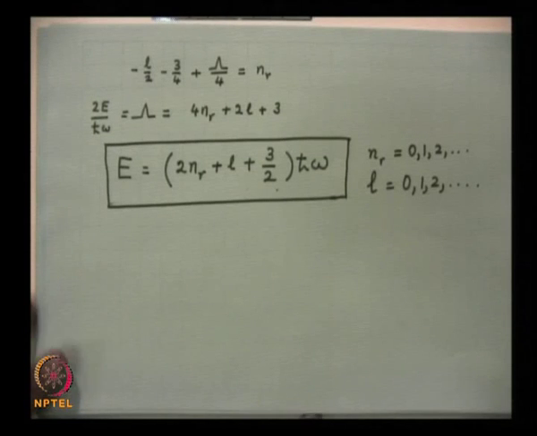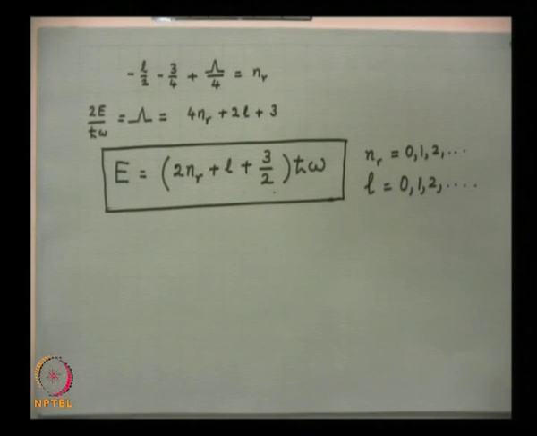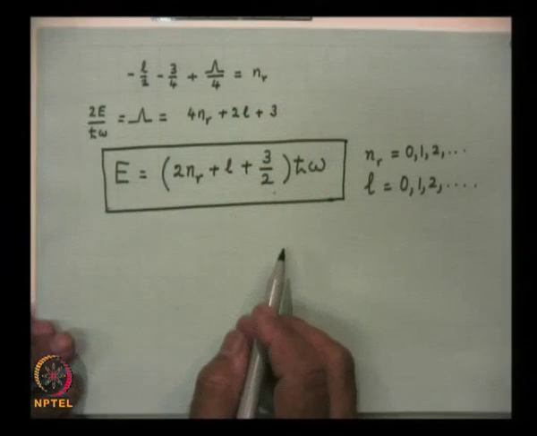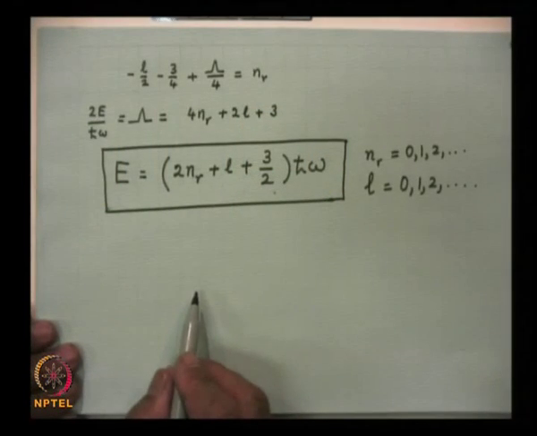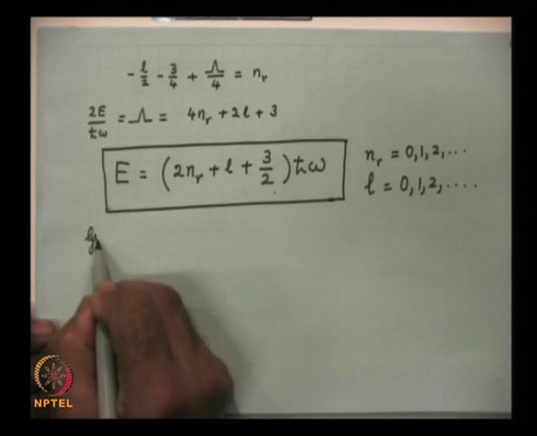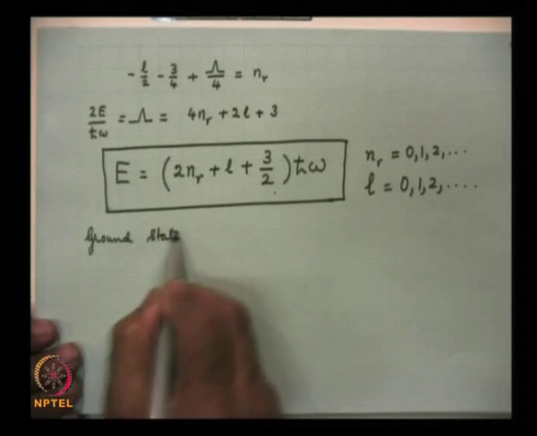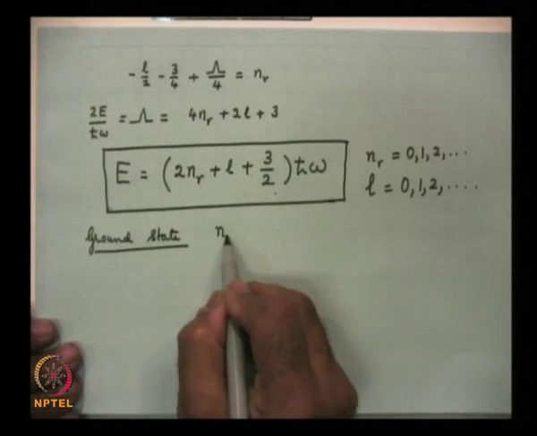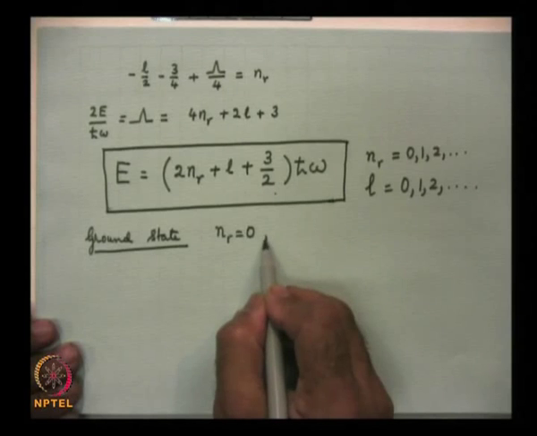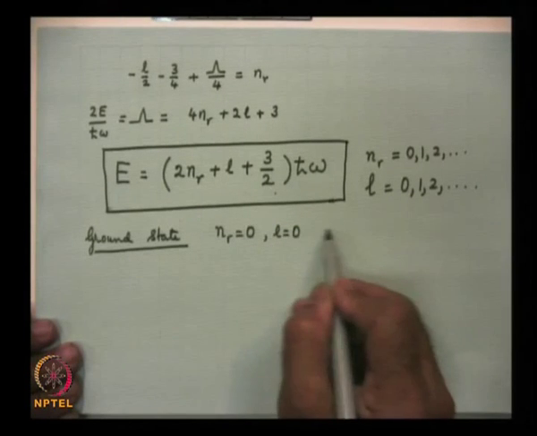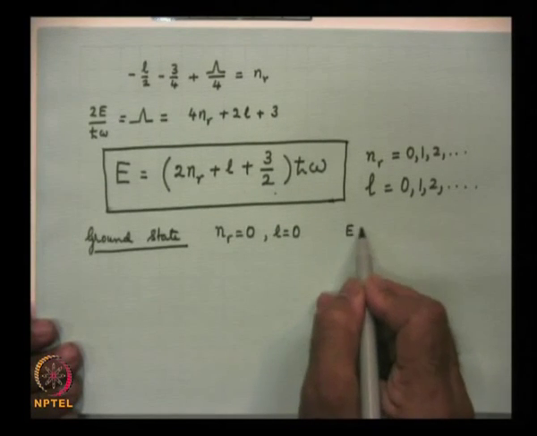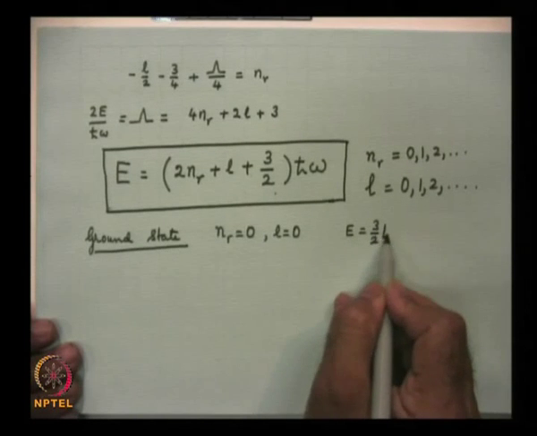So, as in the previous case where we had used the Cartesian system of coordinates, we of course must get the same eigenvalues. So, you will have the ground state, n r equal to 0 and L equal to 0, and so therefore, E will be equal to 3 by 2 h cross omega.